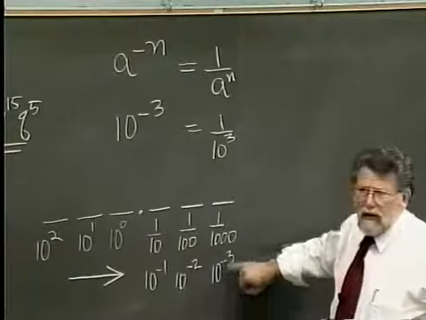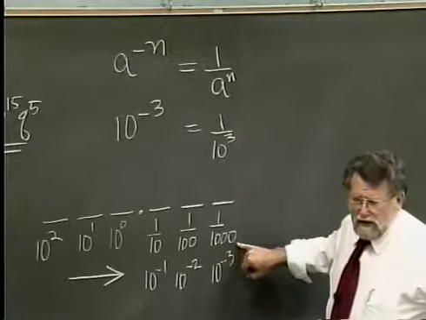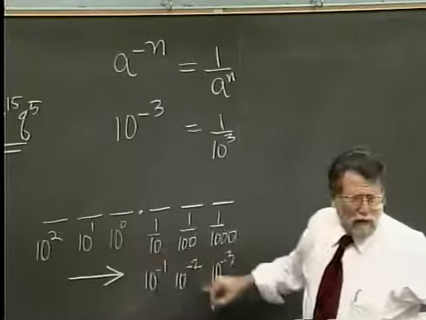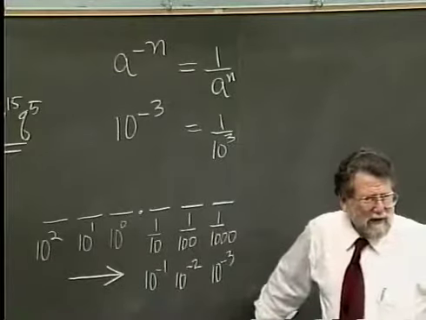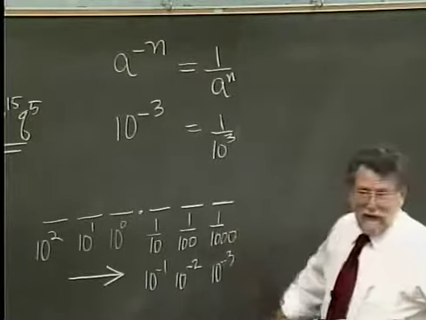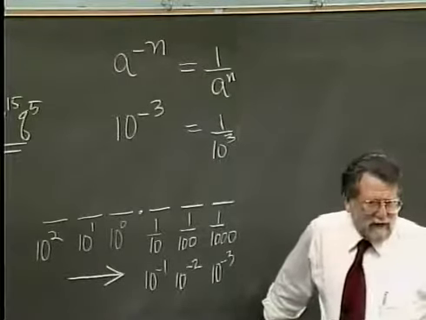But then 10 to the minus 3 would have to be what? 1 over 1,000, which is 1 over 10 to the third. So just to make this pattern work, we'll just argue what? 1 over 10 to the third means 10 to the minus 3. And now the pattern sort of works and makes life better.